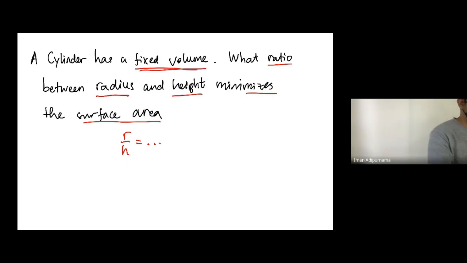Now you need to review a little bit what a cylinder is, what the volume of a cylinder is, and what the surface area is. Let me give you a few minutes to think.